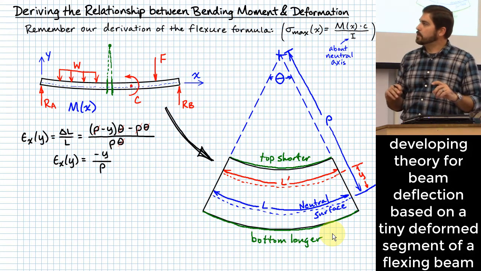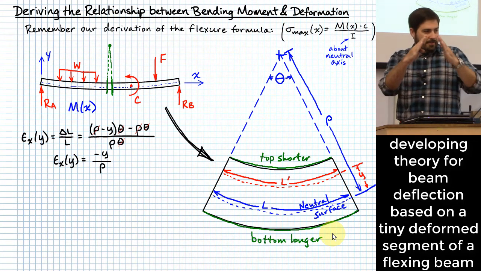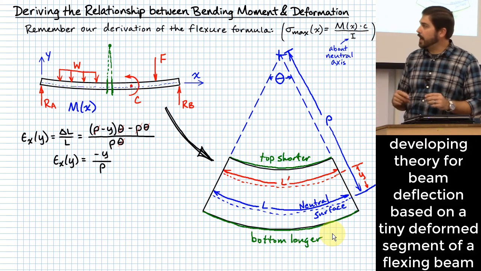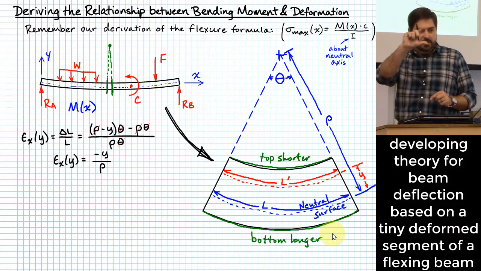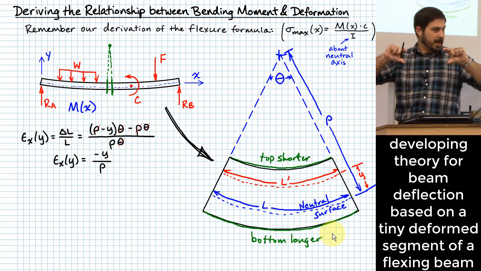And then we sliced out a little chunk of the beam and said that you could describe that little chunk with a little sector of a circle. Based on that little sector of a circle and the definition of strain, we came up with what the strain would be as a function of where we're located in the cross-section of the beam, as well as what the radius of curvature of the beam was, okay?